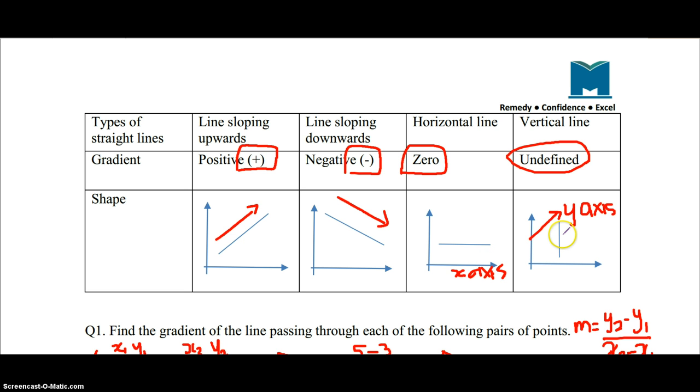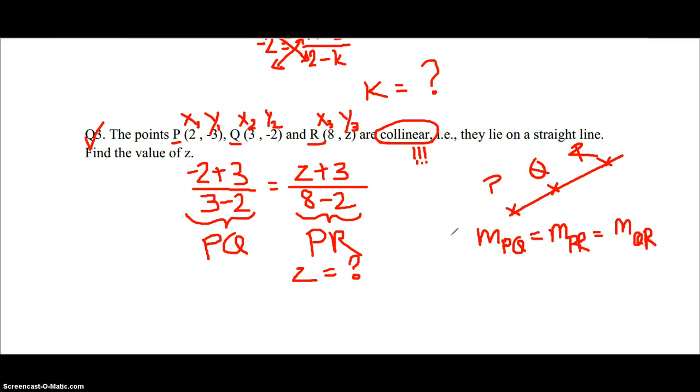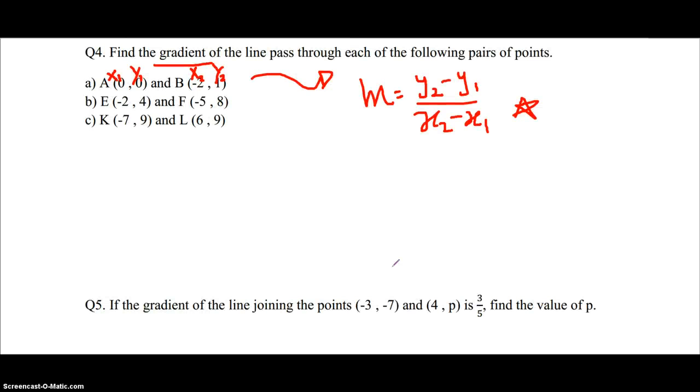If it's a vertical line, you will get an undefined solution. If it's going up, it's positive; going down, it's a negative gradient. You also learned about collinear, meaning they have the same gradient, because they fall along the straight line.